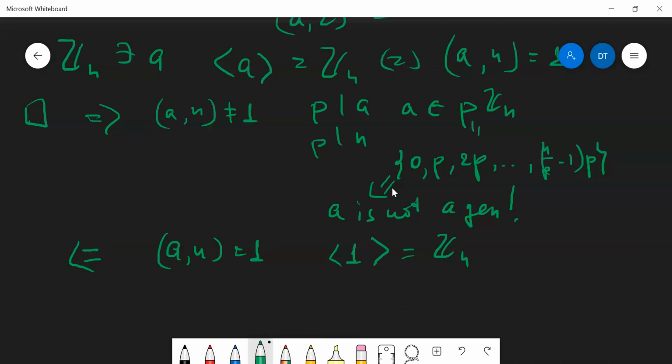So we want to show that in this case, the cyclic subgroup generated by A is the whole group, but it is enough to prove that the element 1 is in the cyclic subgroup generated by A. It's enough, because if 1 is here, then every element generated by 1 is here, but every element generated by 1 is just every element of Zn.